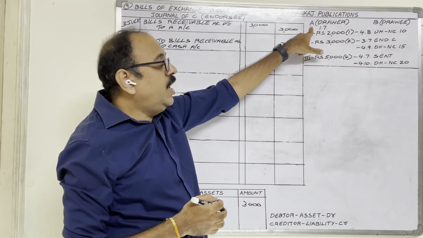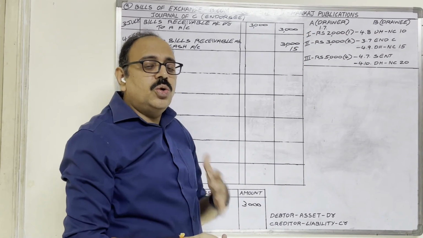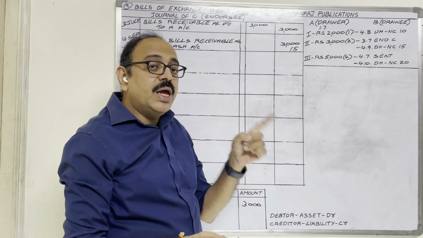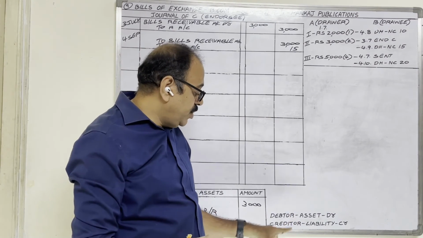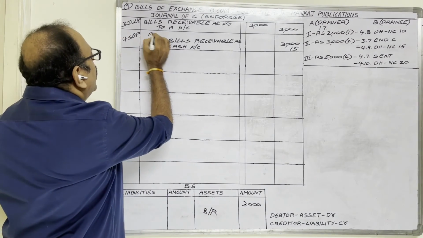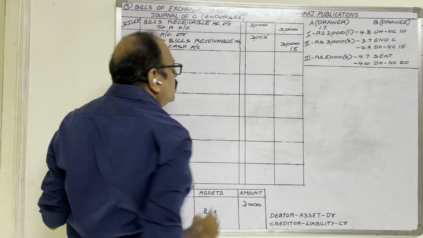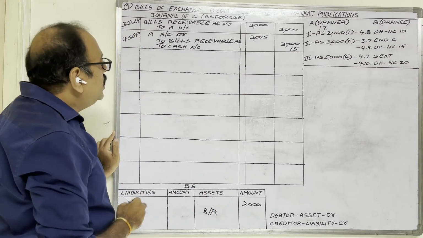Then what C does? Again he goes to A and he demands for 3015 rupees. So to see, now A is becoming a debtor for 3015 rupees. Debtor we have to debit now. A account we have to debit with 3015 rupees. Now what is the effect on balance sheet?